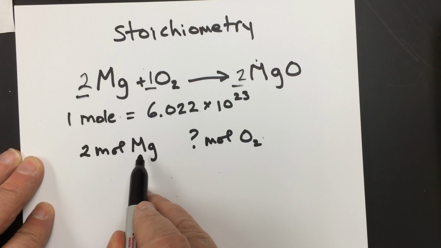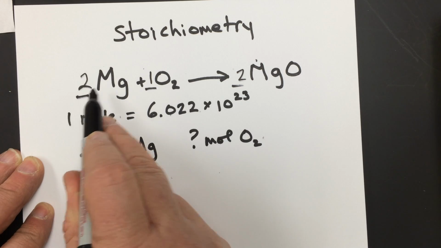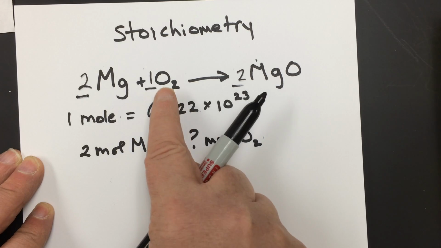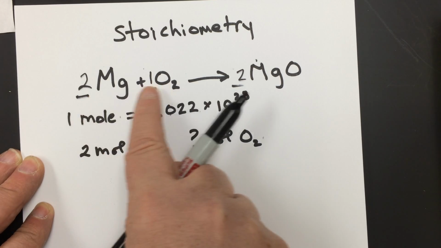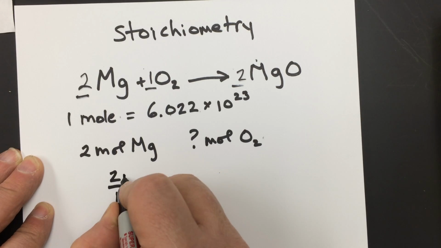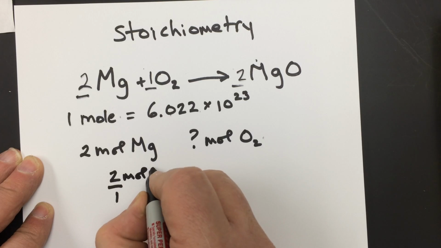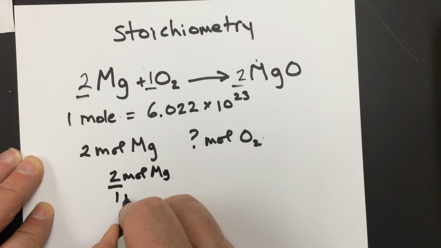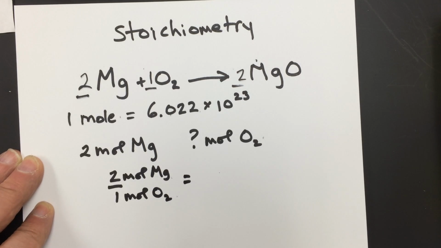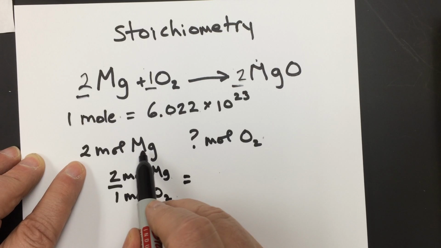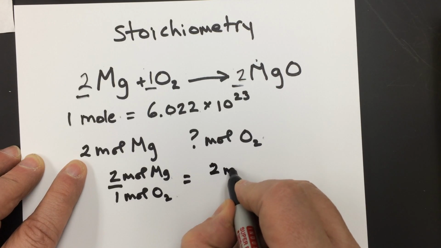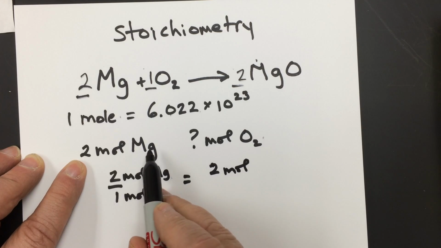So since I was given magnesium, I'm going to start up here with the balanced equation. Start with magnesium. I have 2 here. I'm asked for oxygen, so I'm going to go up here. I have 1 there, so I'm going to have a 2:1 ratio. And so this is 2 moles of magnesium and 1 mole of oxygen, and it's going to be equal to, so I'm going to come back to what I was given, 2 moles of magnesium I was given.